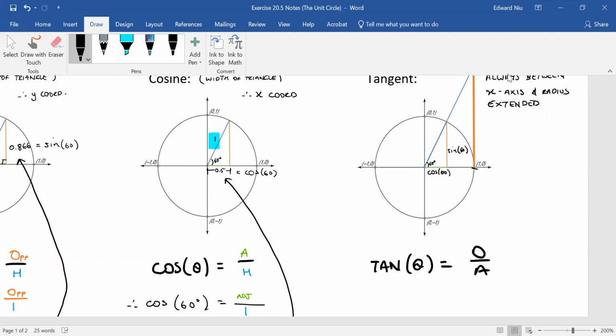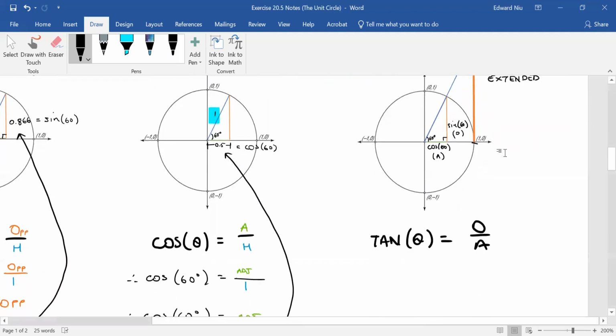So we've got sine 60 as our height and cosine 60 as our width. We can establish this is our opposite and this is our adjacent to our right angle triangle here. Together, if we divide opposite by adjacent, we can figure out this big tangent line that's extended outside of the circle.